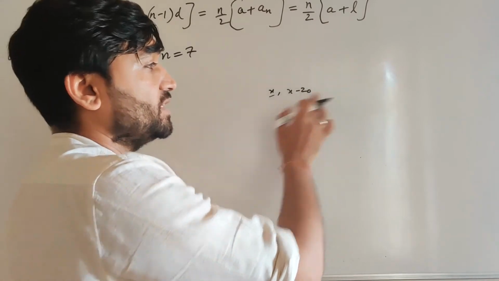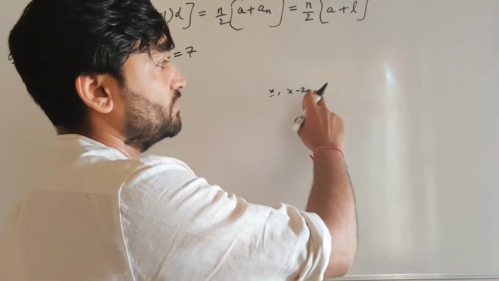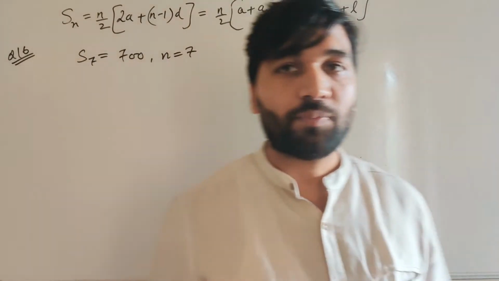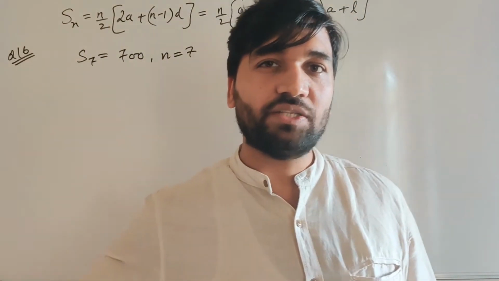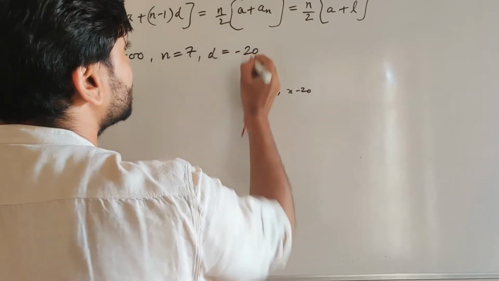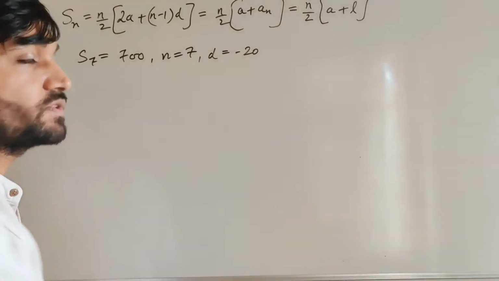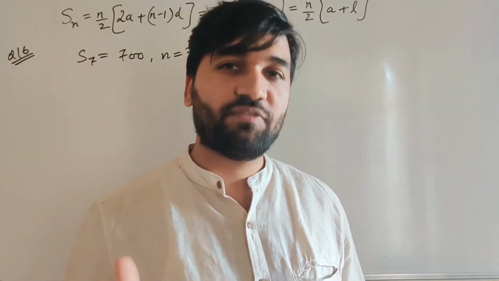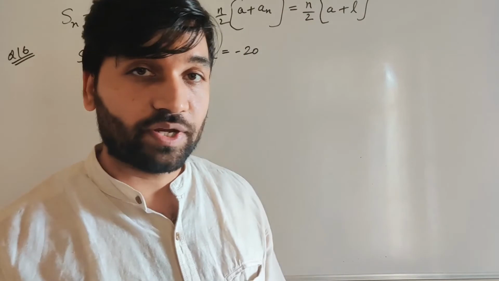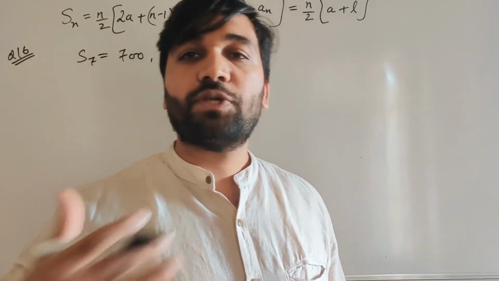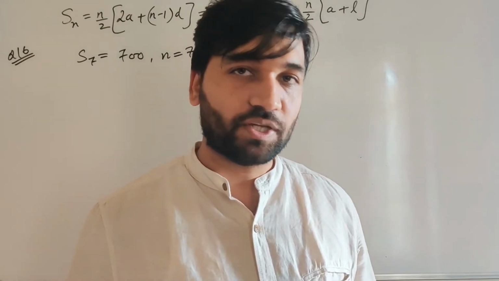So the prize money is decreasing by 20 each time. That means the common difference value will be minus 20, because the prize money is decreasing. It's very important to put the minus sign, not the plus sign. If the prize money was increasing, we would have used plus 20.